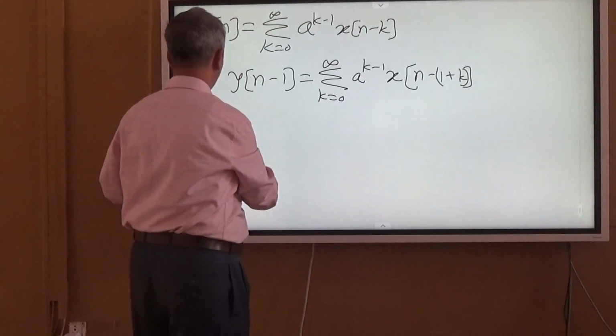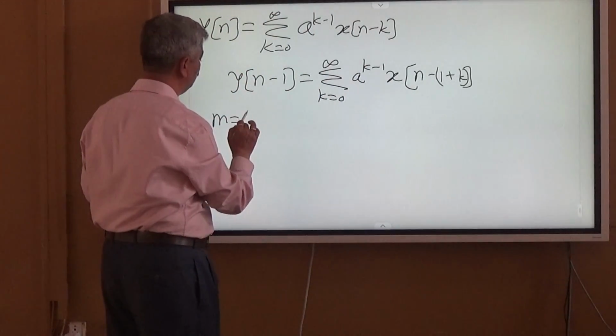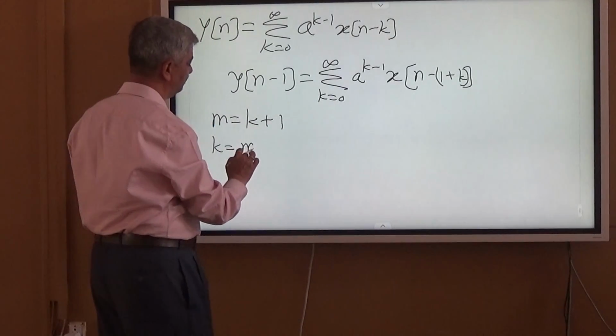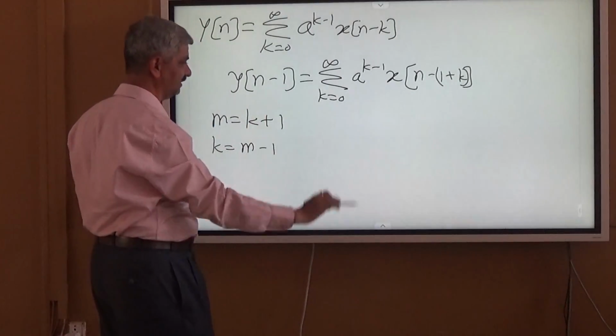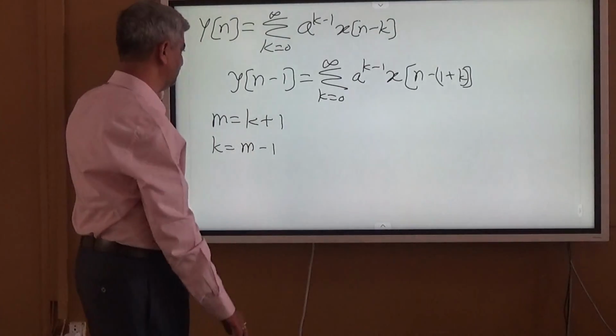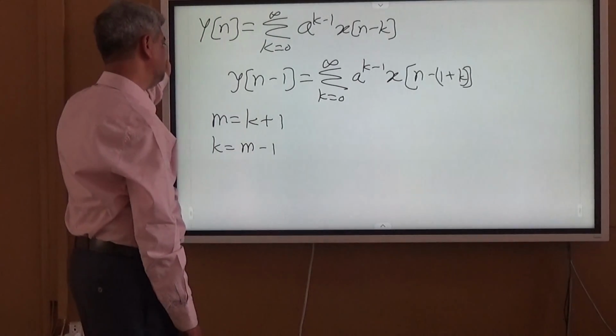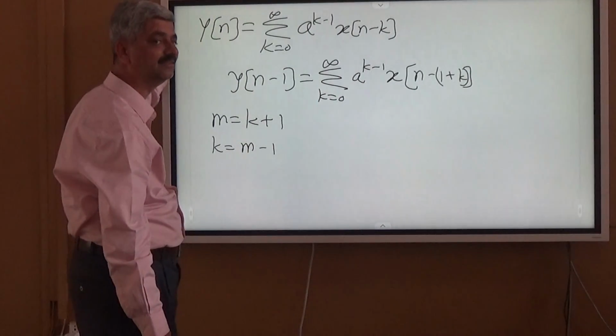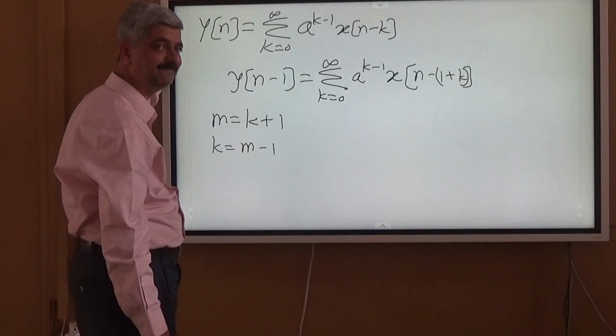Okay. So m equal to k plus 1. So k is equal to m minus 1. So when k is 0, m is 1. Is it right?